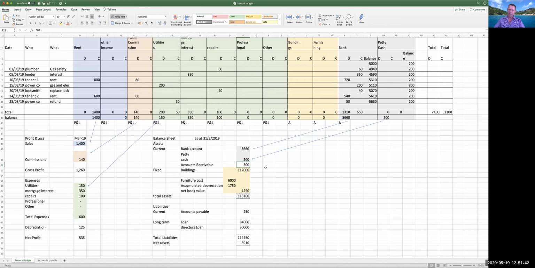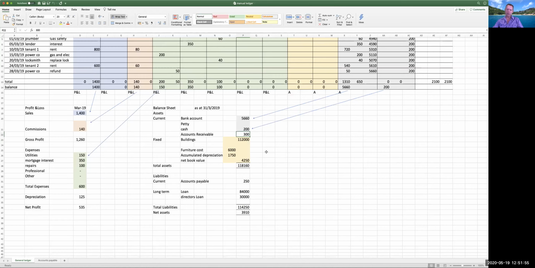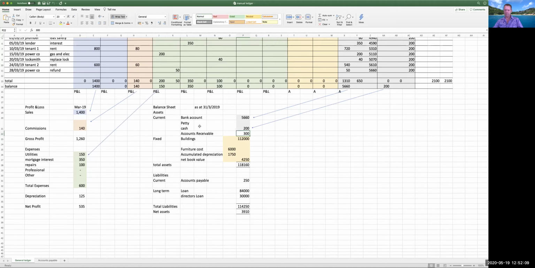Or you have been to the bank and that check actually cleared in the next month. All of those scenarios would mean that that £300 is money that you know you're going to get, money that your business is due, money that would be reflected in your performance here as sales, but is not yet in your bank account.